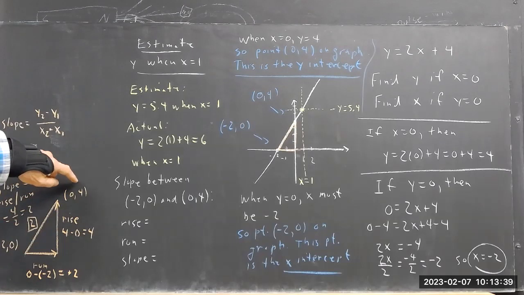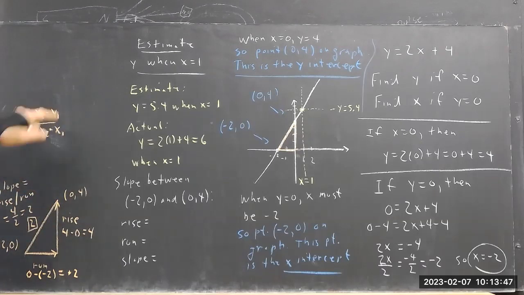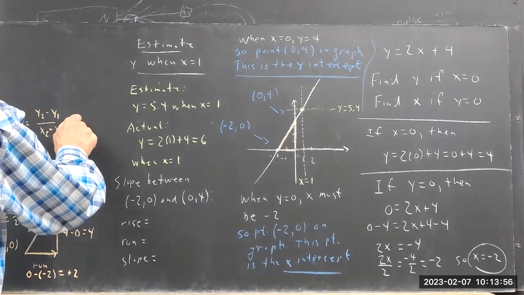If this is your (x2, y2) point, and this is your (x1, y1) point, usually the 1 will refer to the point to the left, the 2 will refer to the point to the right.